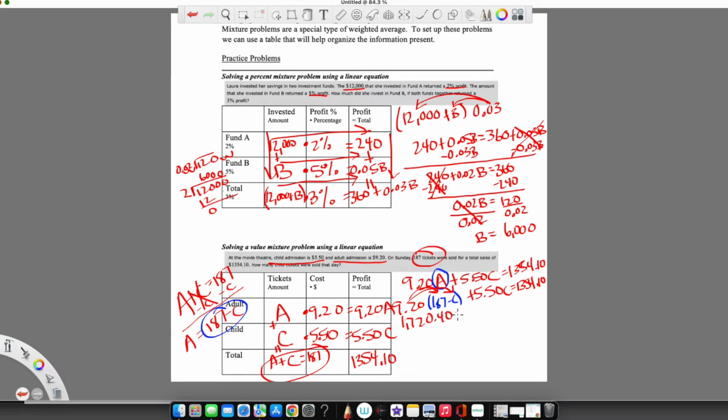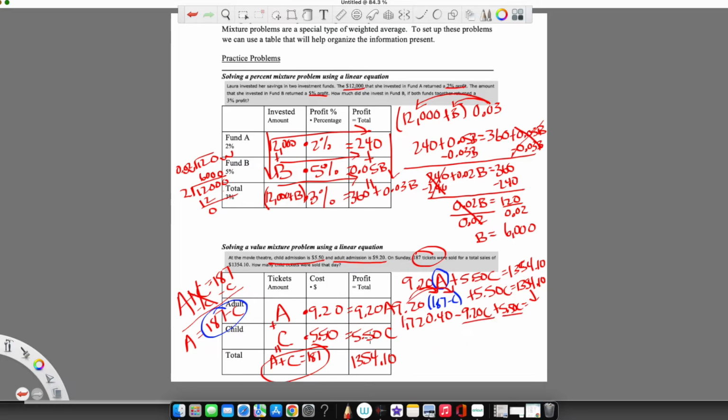minus 920 times negative C is negative 920C plus 550C equals, and I'm just going to kind of do an arrow because I'm running out of room there. Sorry about that. So now I can combine these like terms here.